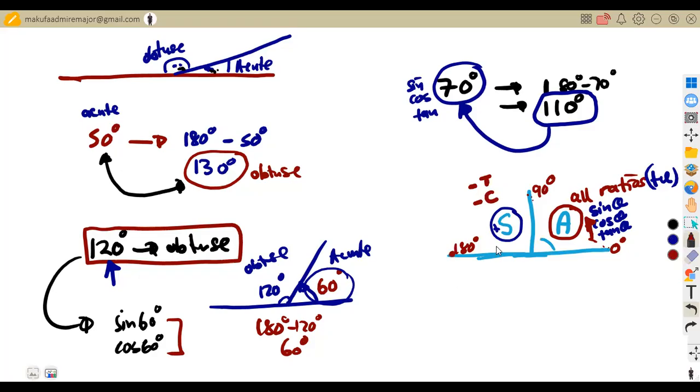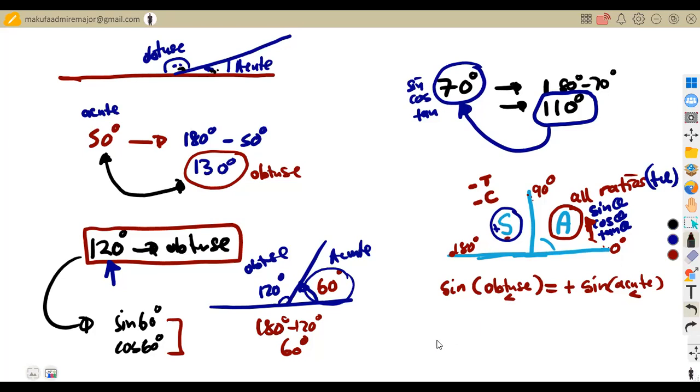So what I simply mean is that since here we are talking about the sine, which is representing an obtuse angle, we are going to say the sine of the obtuse angle is going to be minus, sorry, it's going to be positive. We said sine is positive. So it's going to be positive sine of the acute angle that you are given. Here we're talking about the obtuse angle, here the acute angle.